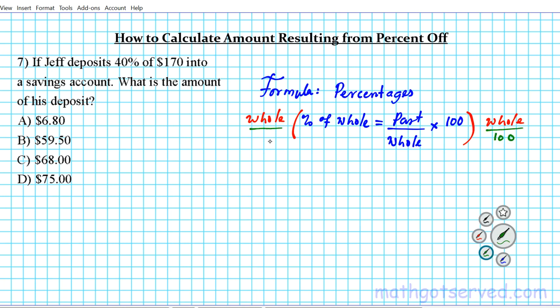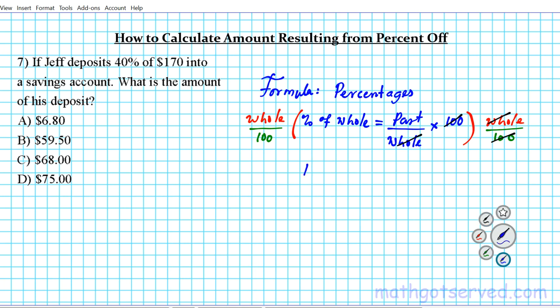So what we're doing right now is deriving another formula that you need to know to calculate the part after a percent is taken off the whole. The wholes cancel out, and the 100s cancel out, and then you end up with this important formula.